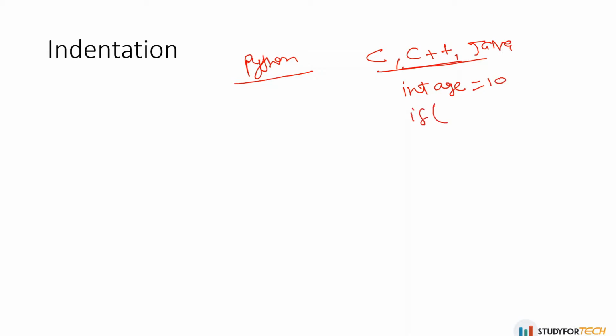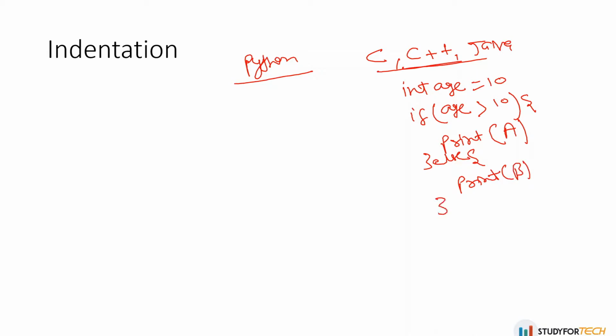If age greater than 10, print a. Okay, and if I am closing here, else print b, and this is closed here. These are the curly braces.